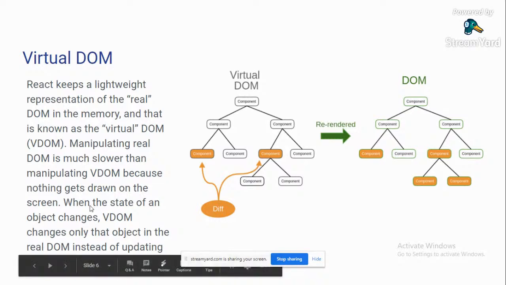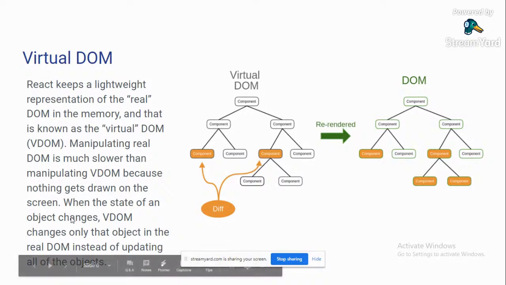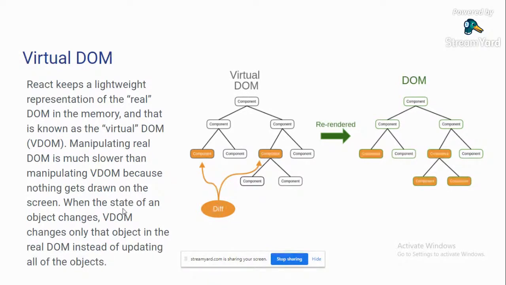Render means displays. So when the state of an object changes, virtual DOM changes only that object in the real DOM instead of updating all the objects. Keep this in mind: only that object in the real DOM which actually needs to change, which is actually changed by the user.